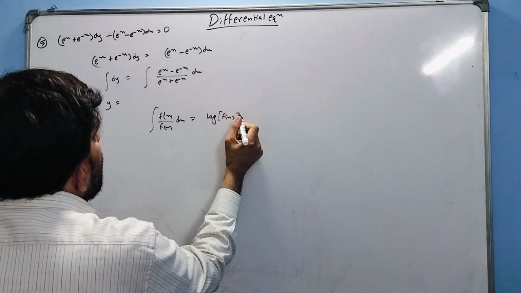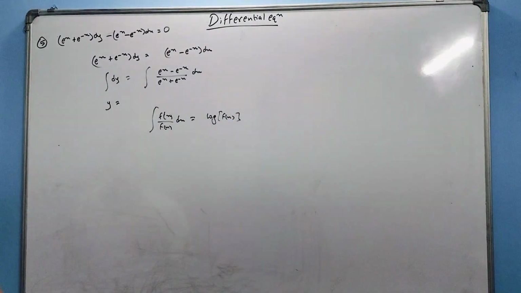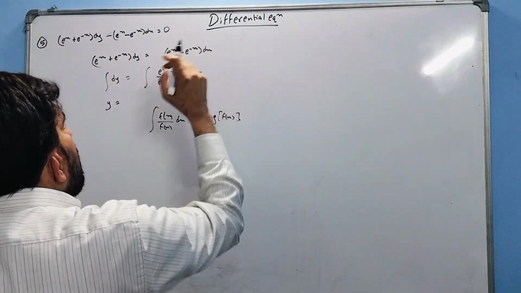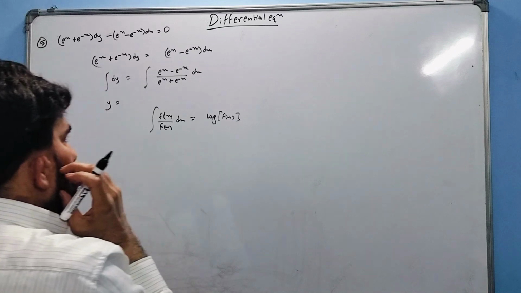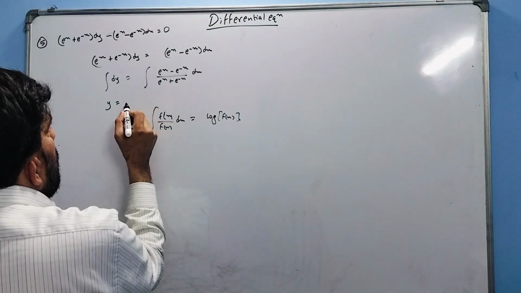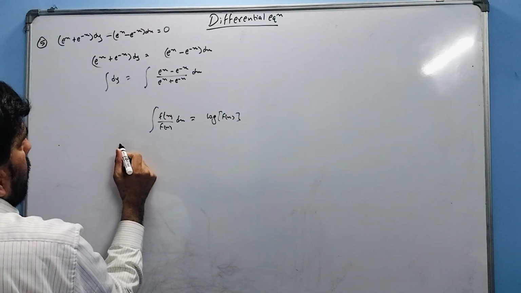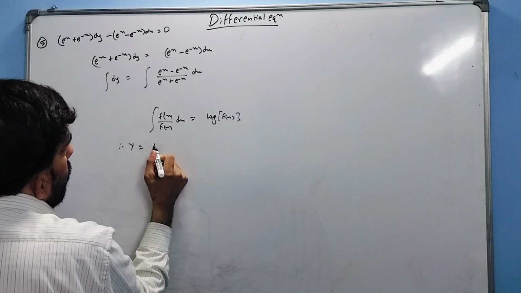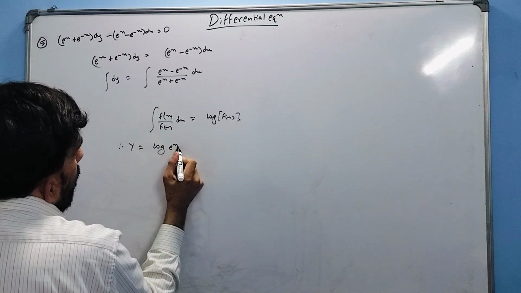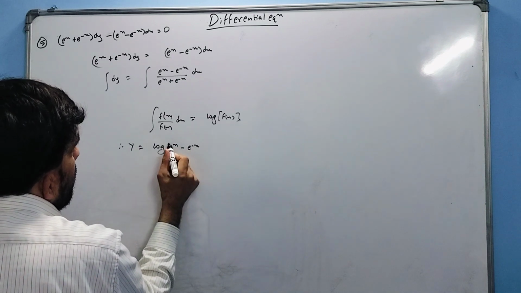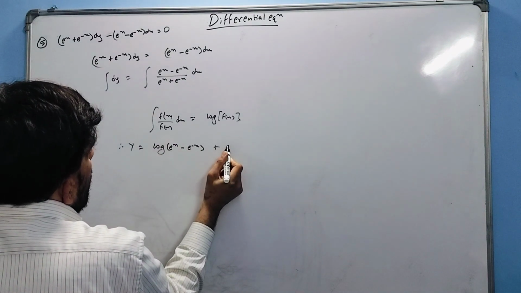If I take its denominator t and differentiate it, I will get this. Okay, so now I can directly put here, therefore y is equal to log of fx, that is e raised power x plus e raised power minus x plus c.